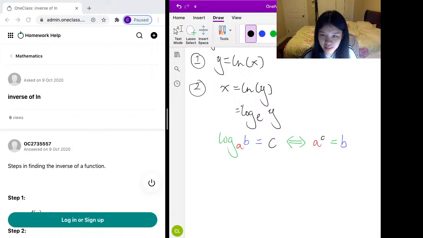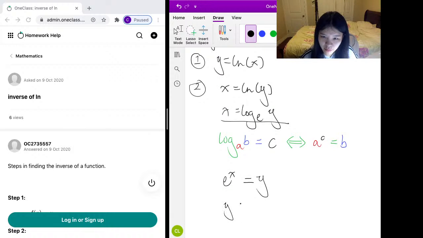So right over here, our a would be e, our b would be y, and our c would be x. So we know this expression would be the equivalent of a, which is our e, to the power of c, which is our x, equals b, which is our expression y.